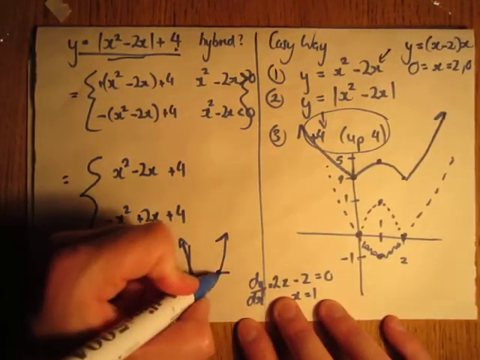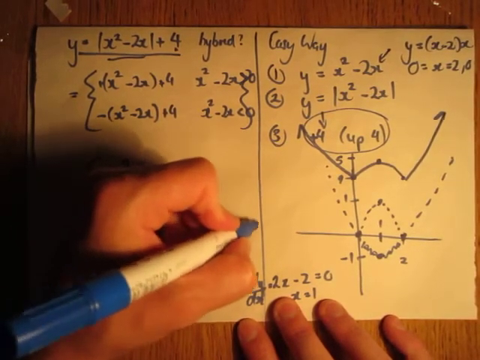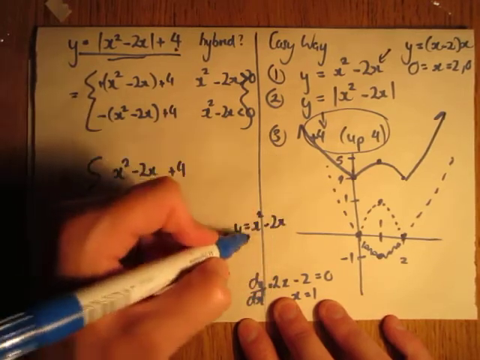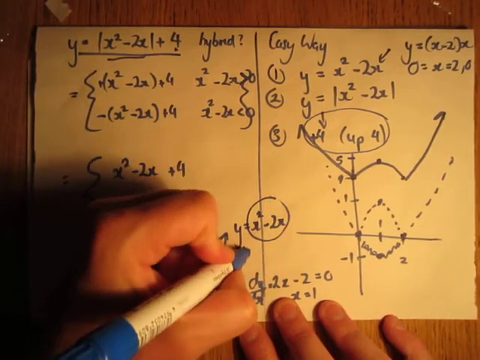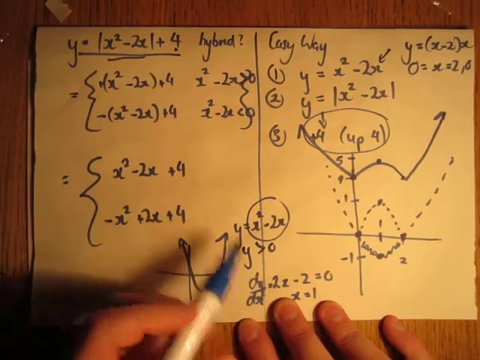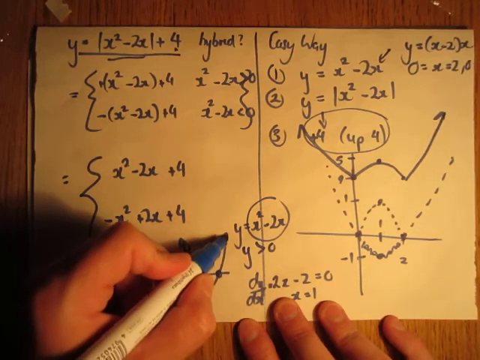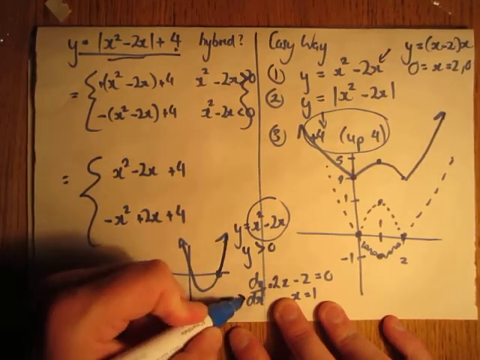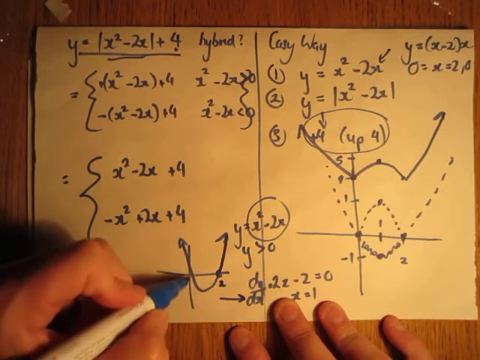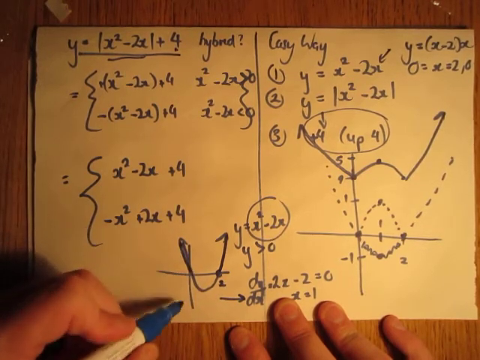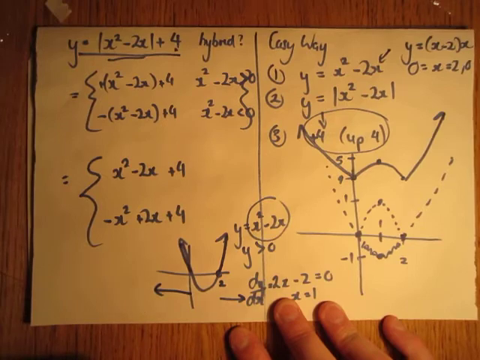Now remember what I said, just graph y equals x squared take 2x, and then you know that this is y, so what you're doing is looking for when y is greater than 0. If you can see here, all the y values are greater than 0 there. We know that that was when x was 2. And we know all the y values are greater than 0 here, and that's when x is less than 0.